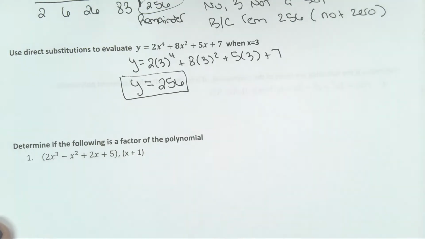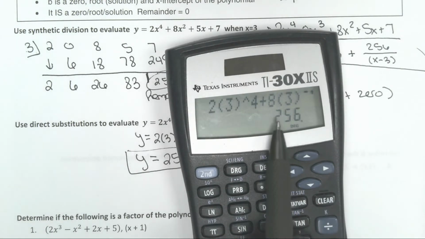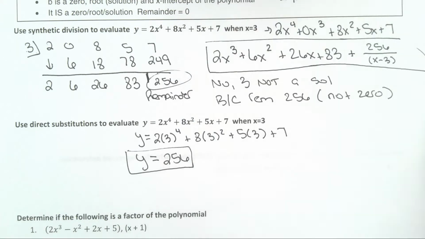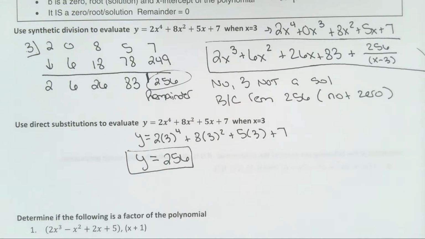So I've gotten super fast about doing synthetic division over the years. This way, I think, is really good if you have a decent calculator like the TI-30X2S or better. If you don't have a decent calculator, I would be super careful of doing this, and I might lean towards synthetic division.